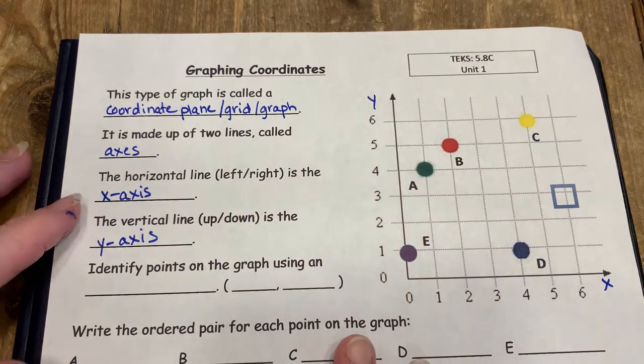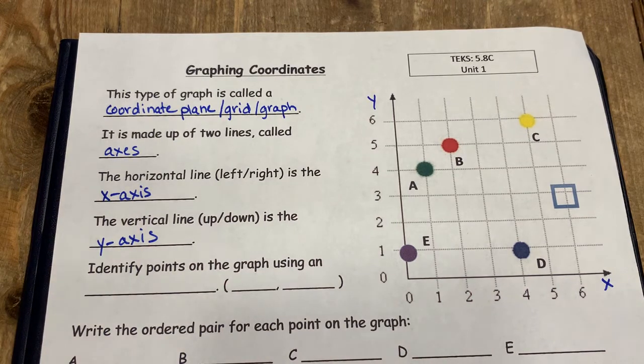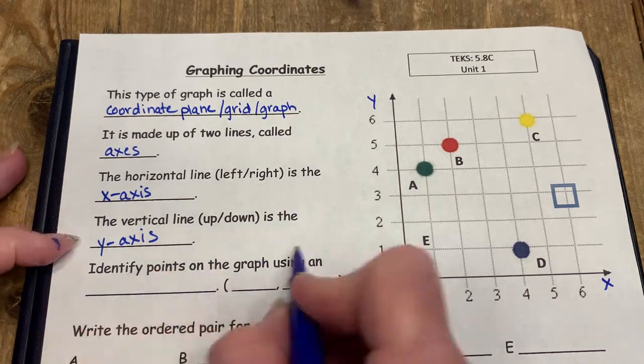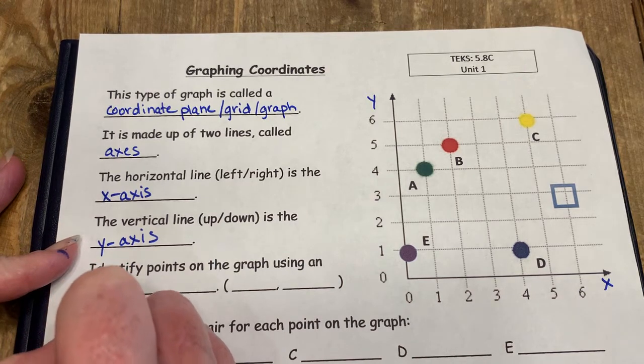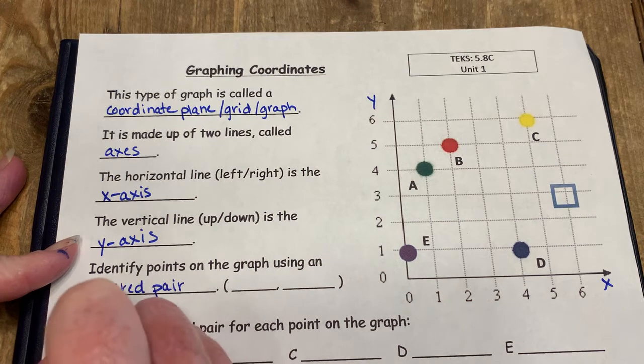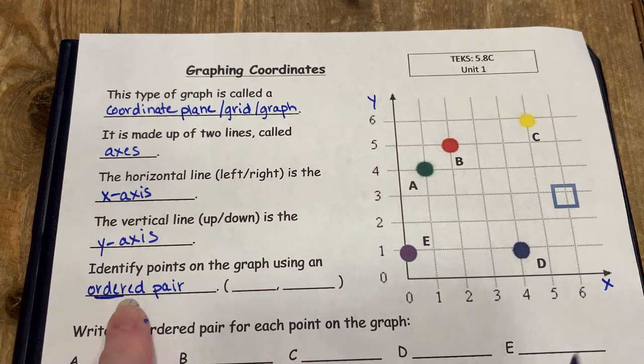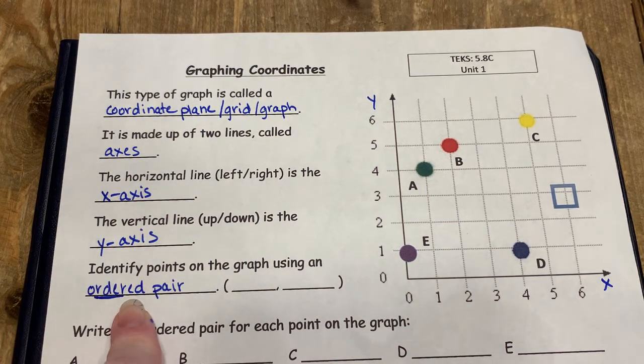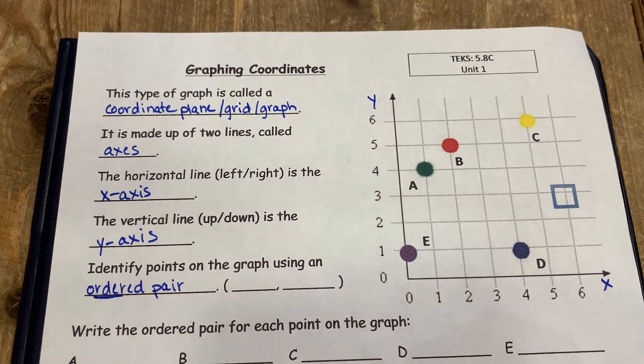And then the reason we like coordinate planes is that it's really easy to identify a specific point on a coordinate plane. And those specific points are made up of something called an ordered pair. You can see that the word order is in the word ordered pair, which means that the order that you put the numbers matters, right?